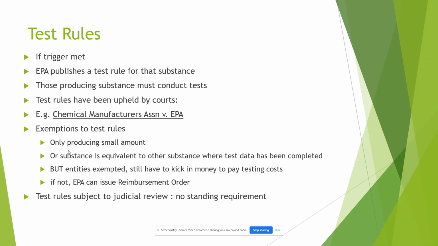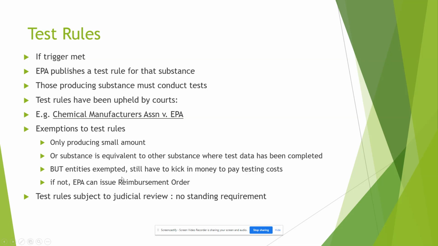The exemptions to the test rules are, maybe I produce this chemical, but it's only a small amount, then you might not have to conduct the testing. Or the substance you're making is similar to another substance where they already have this testing data.